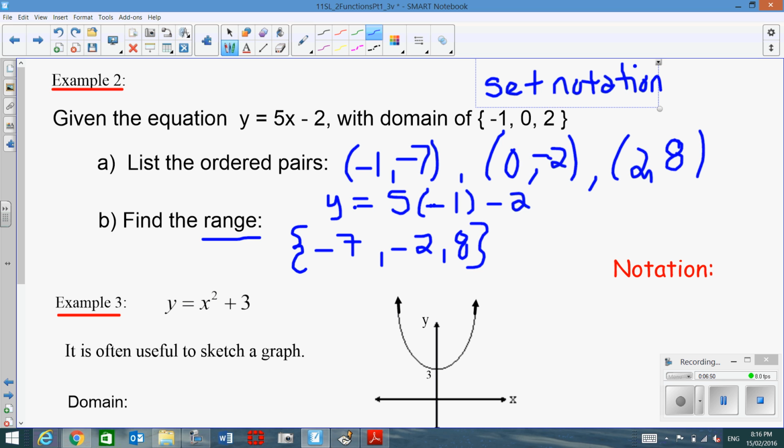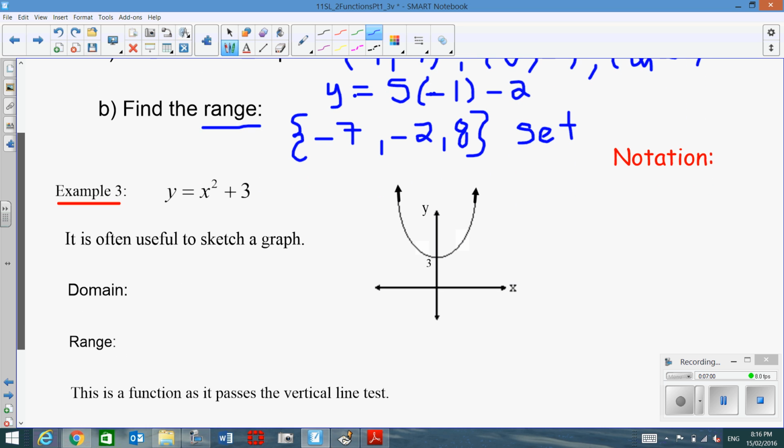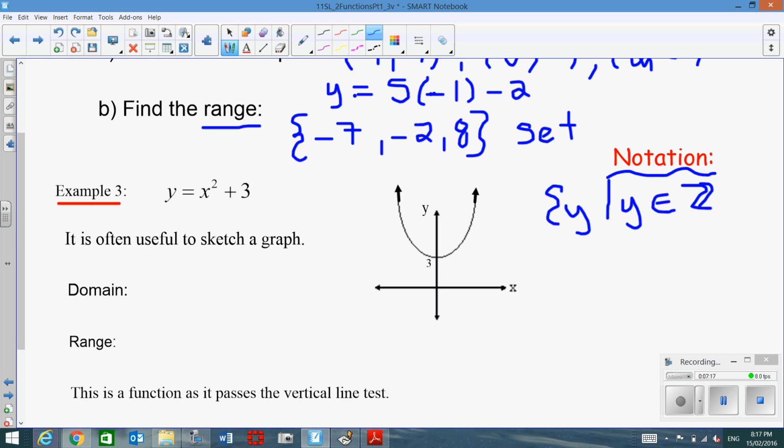All right. So these braces, the squiggly brackets, are what we're using to list a set. So anytime that we have to list a set of numbers, we use the braces. To be more formal, we'll talk about notation here for a moment. Sometimes you're given a set of all y values such that y is an element of the integers. So that means they're telling you it's a Z with a double line next to it.